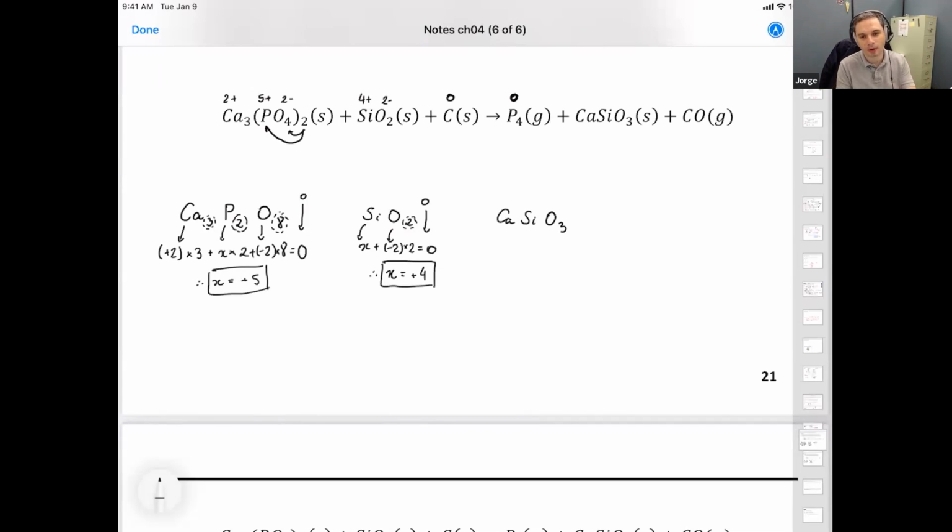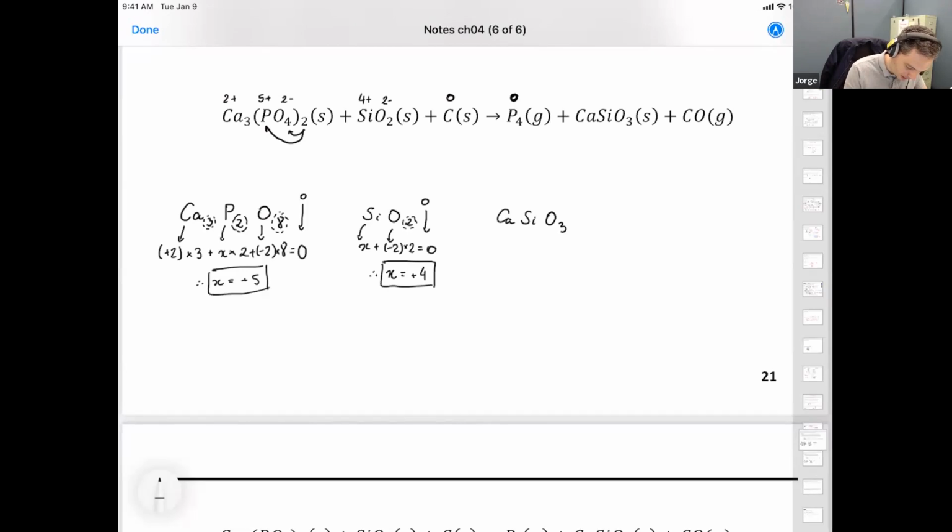Oxygen oxidation number is going to be 2-, unless we have a peroxide, which is not the case. And silicon is the element that does not have a fixed value for the oxidation number, which means we have to determine it in each compound where this element is present.